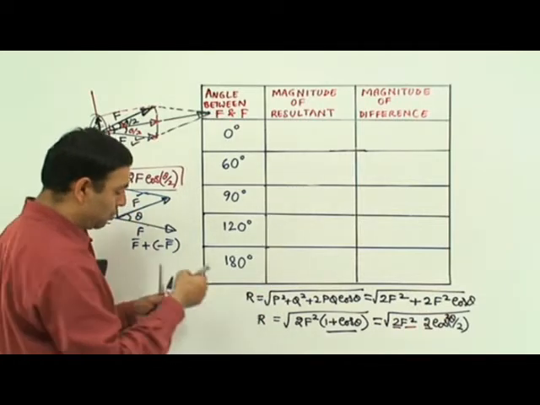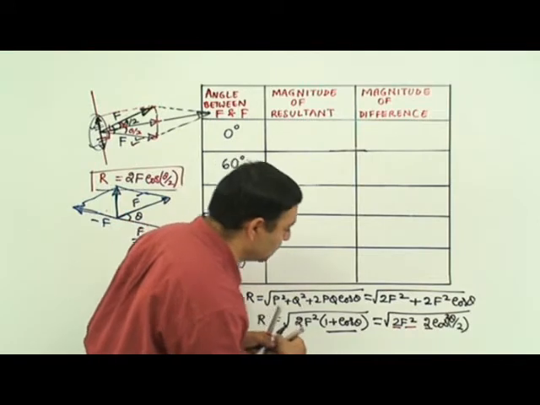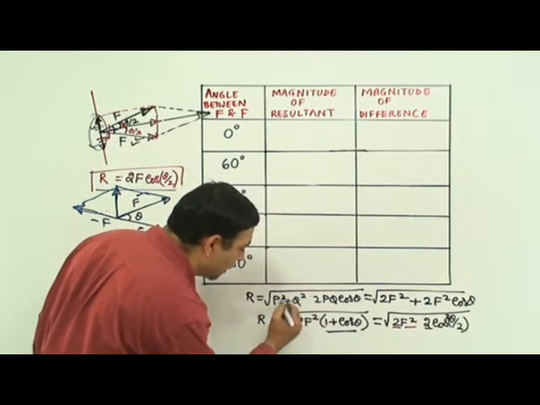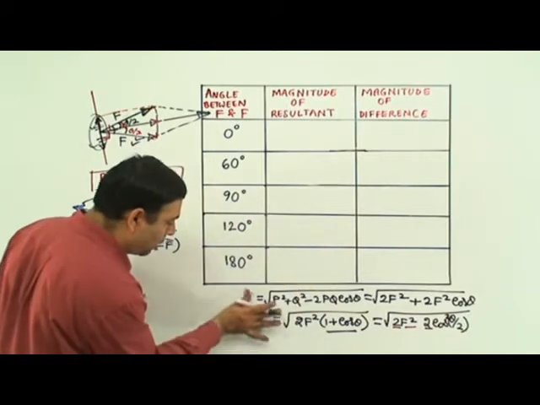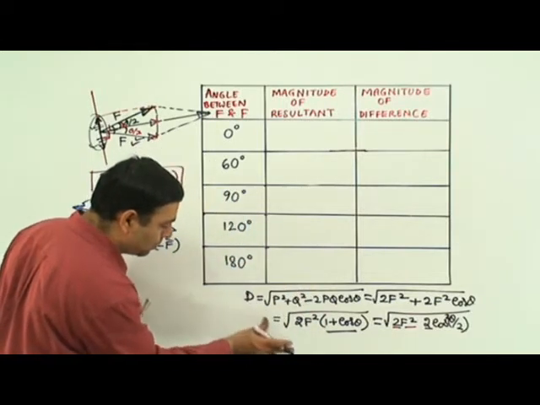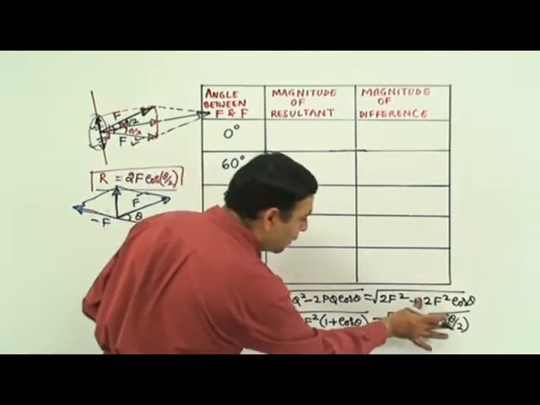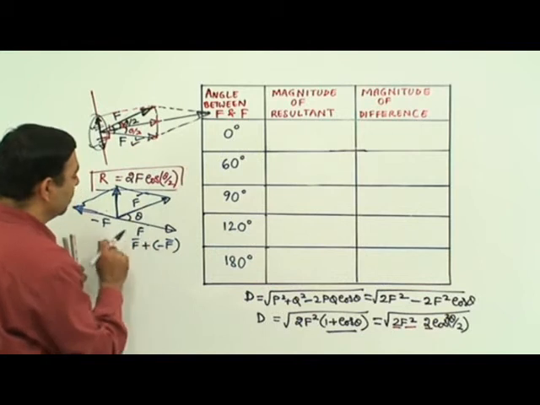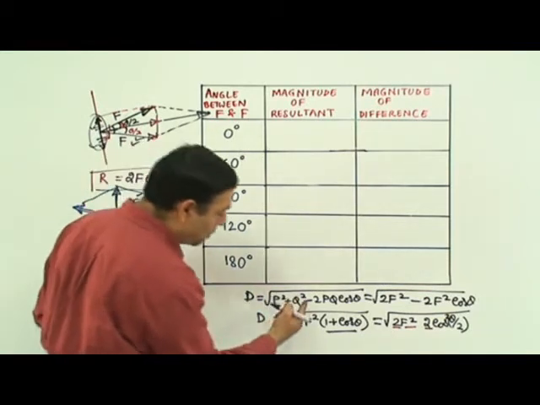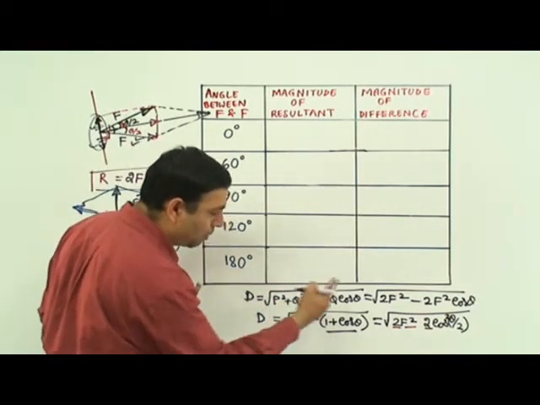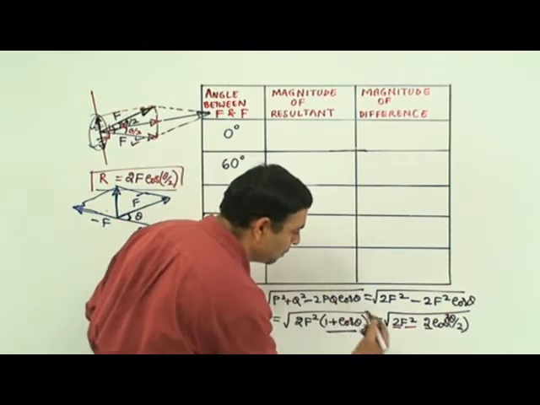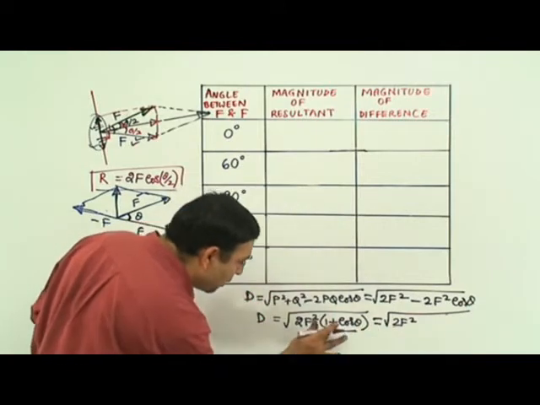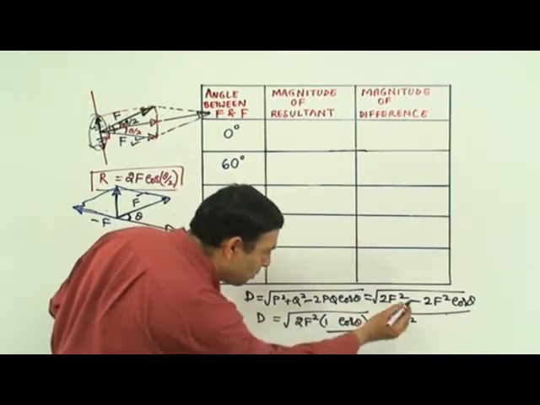So over here, using the formula, the magnitude of difference becomes the square root of P squared plus Q squared minus 2PQ cos theta. Let me write D over here, for difference. Fine. So here it will be minus. P and Q both are equal to F over here. So this will be the magnitude of difference, where theta is the angle between P and Q only, not between P and minus Q. Now everything else is the same, but here this becomes 1 minus cos theta.